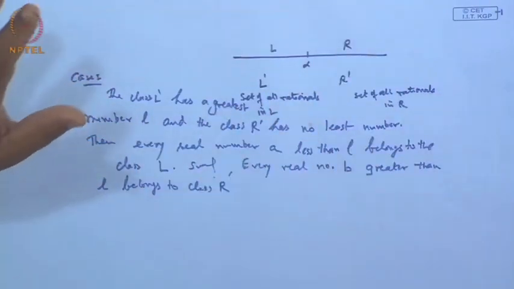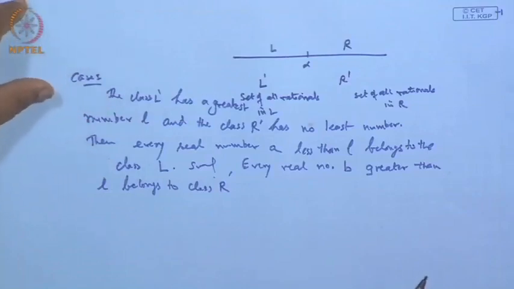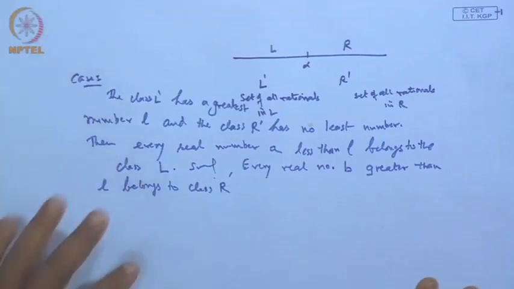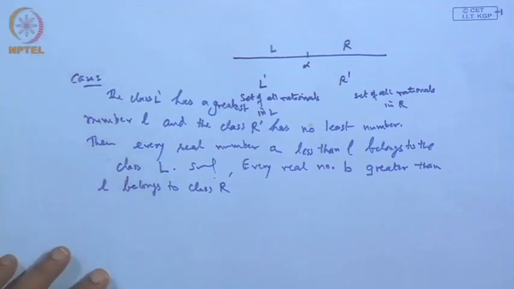So that will be fine in this class, and every real number greater than this one is in R. This is evident if B is rational. Thus L is the number alpha for this cut.